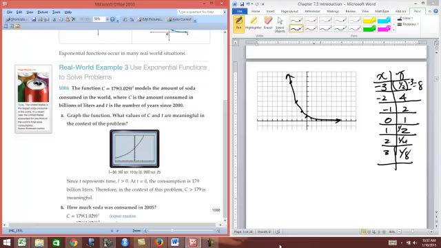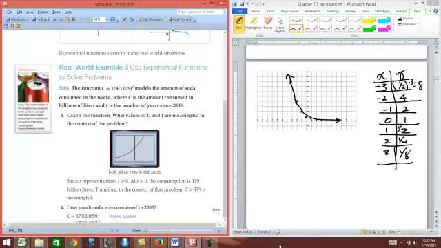So the function c equals 179, that's a, times 1.029, that's b, that's the rate of growth, to the t. So c is rather small, it's 2.9%, but the rate of growth is greater than 1. So this is exponential growth. Instead of having y, we have c. Instead of having x, we have t. Otherwise there's no difference.